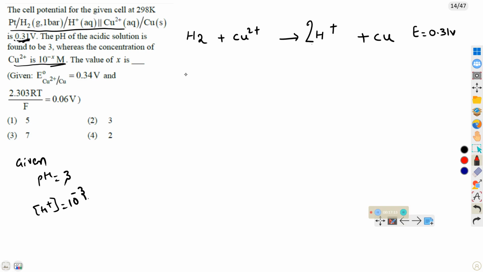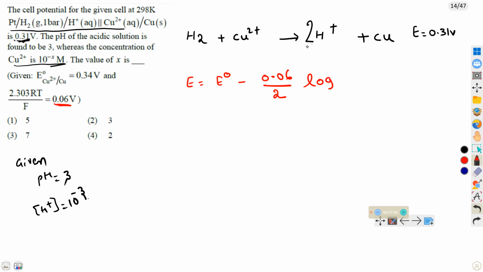By using the Nernst equation, E is equal to E naught minus 0.0591 by n. You can take 0.06 directly instead of 0.0591. 0.06 by how many electrons are involved? 2 electrons are involved.